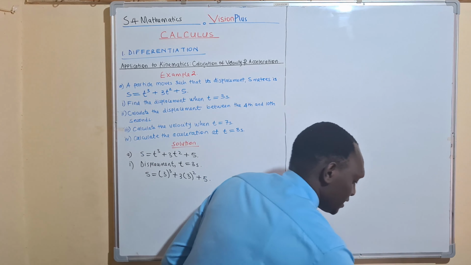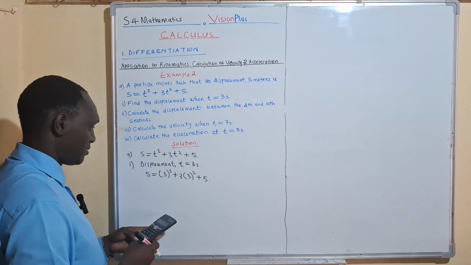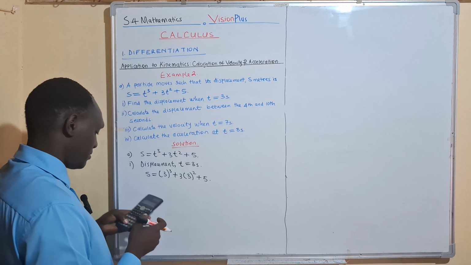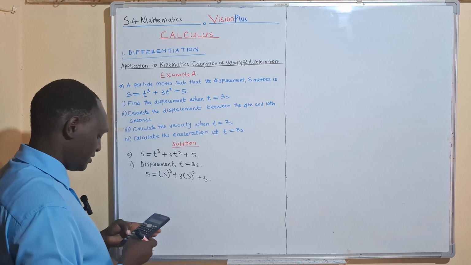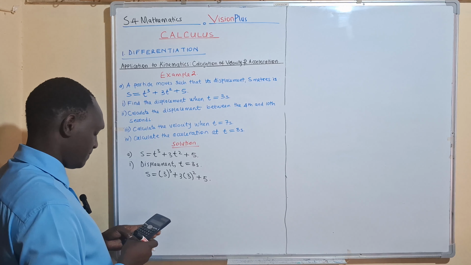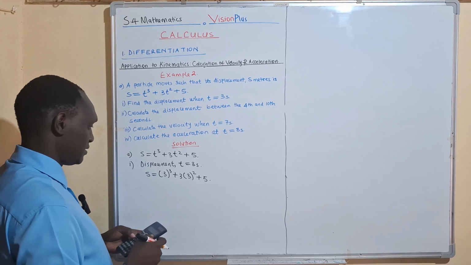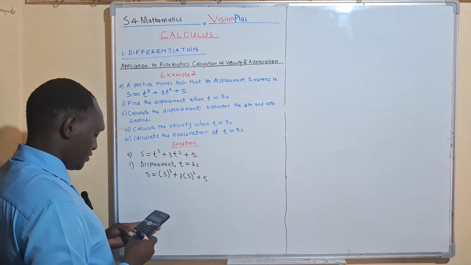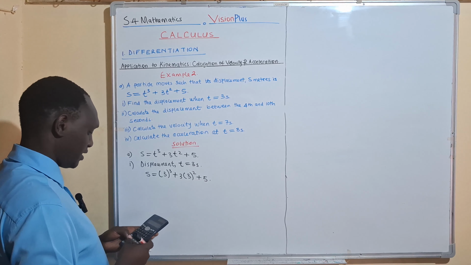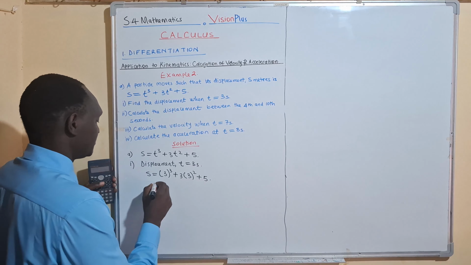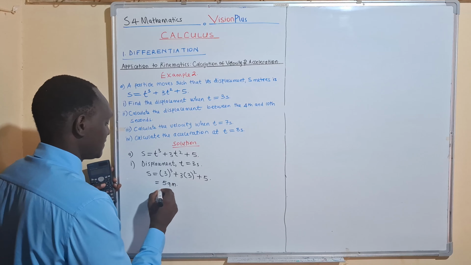We press the calculator and simplify that. 3 power 3 is 27, 3 times 3 squared is 27, plus 27 plus 5 gives 59 meters.